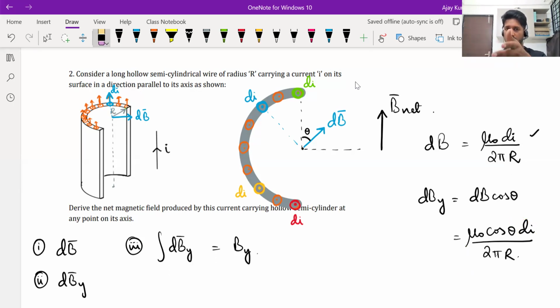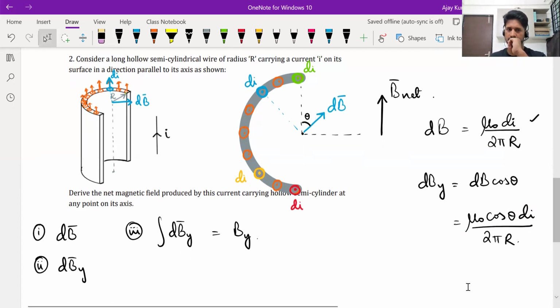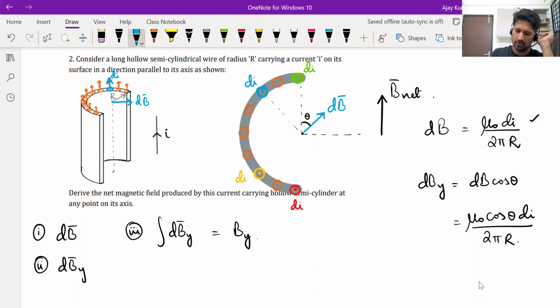But what to do after that? Okay, listen. What you all need to do is convert the integral to a single variable, not two variables. So we'll try to express di, one small stream of current, in terms of d theta.